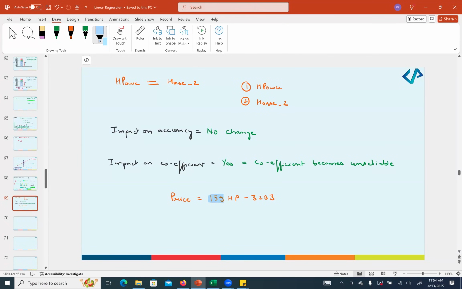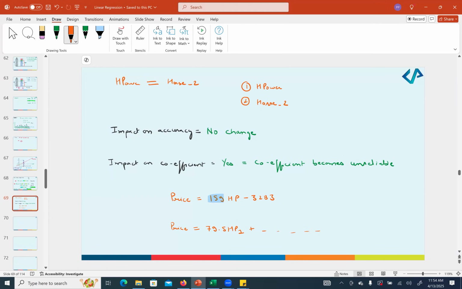Now the problem is that if there was a duplicate variable and I was not aware of it, this will become 79.5 times horsepower 1 plus something else. Now I'm saying a 1 unit change in the horsepower 1 column will result in a $79 change in the price of the car.